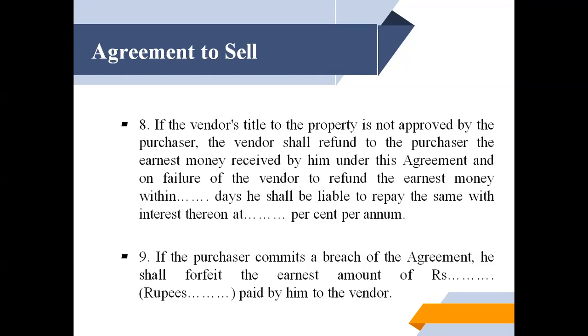So my dear students, from this we may infer that we may also put the terms regarding the breach of the contract committed by both the parties to the deed.